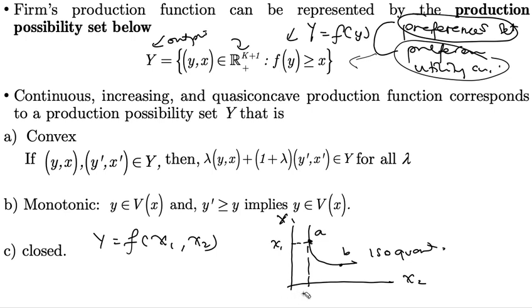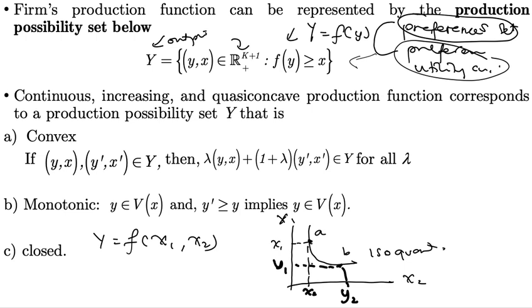I'm just making it up. Don't be confused with input x1, input x2. The x1, x2 that I'm labeling here for point A is just how many x1, how many x2. And then we have another bundle here. How many x1? y1. How many x2? y2. You get me? Okay.